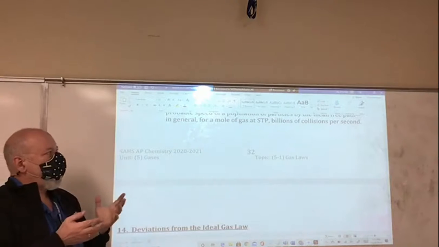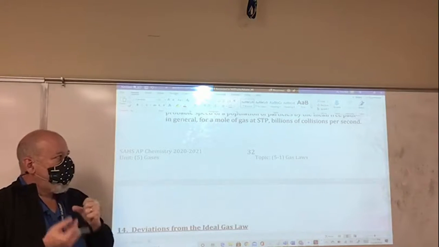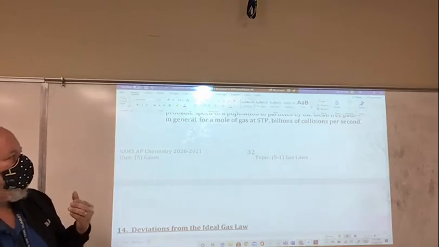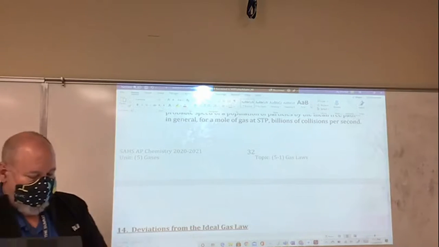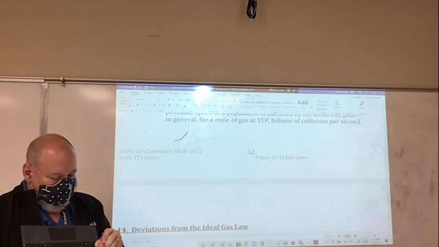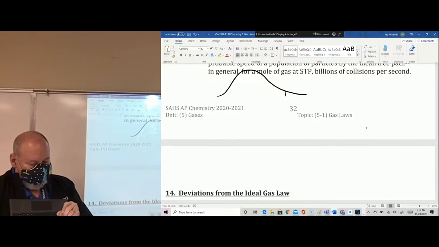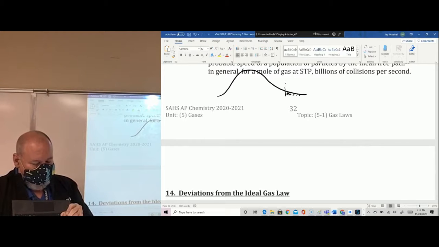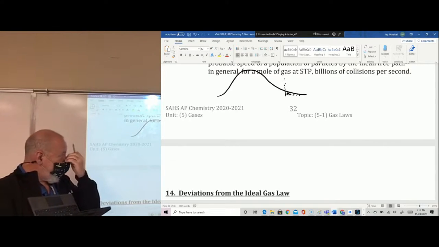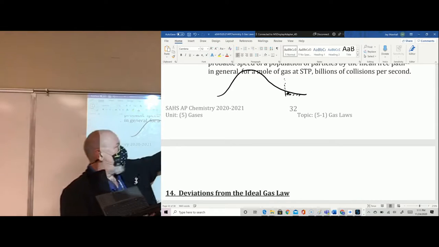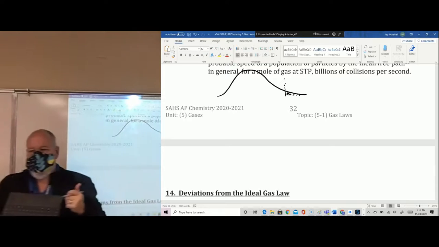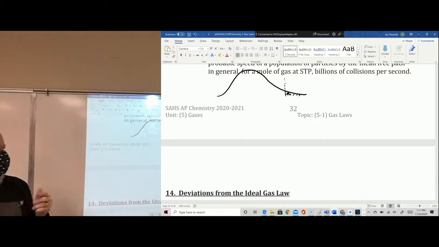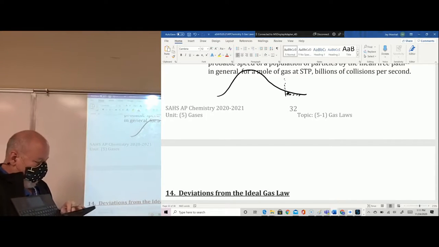With 1 mole of gas, we're smacking billions and billions of times per second. So even if I only have a tiny part of this distribution where I've got the right speed to create a reaction, with billions of collisions per second, the chances are still good I'm going to have enough of these particles smacking each other that we're going to have things reacting.